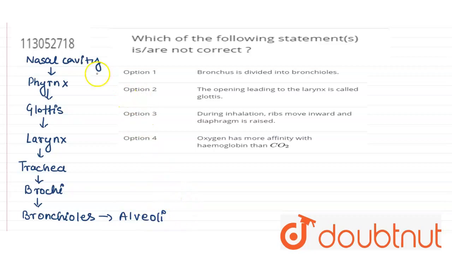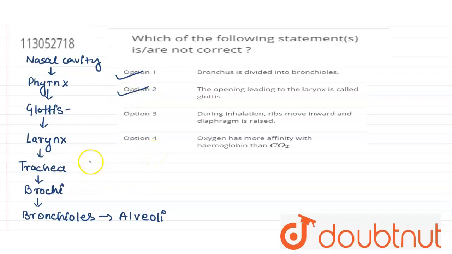So from this passage we can understand that option number 1, in which bronchus is divided into bronchioles, is correct. The opening leading to larynx is called glottis. The pharynx leads to the glottis. This is the opening and it is leading to the larynx, so this option is also correct.